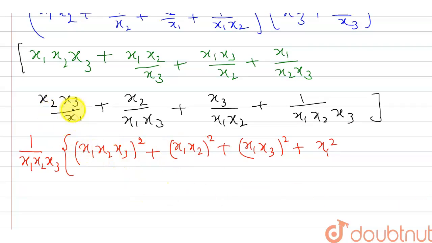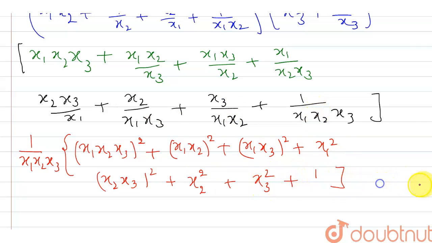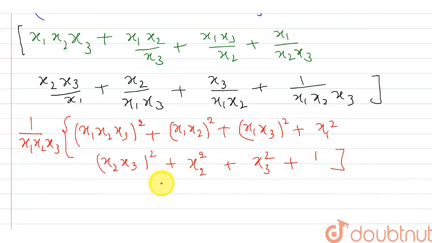Now I will write this. This will give me x2 x3 square. This will give me, x1 x3 cancel out, x2, so this will give me x2 square, plus this will give me x3 square, and this term will give me 1. Okay student, so see, now I can use my previous relations.